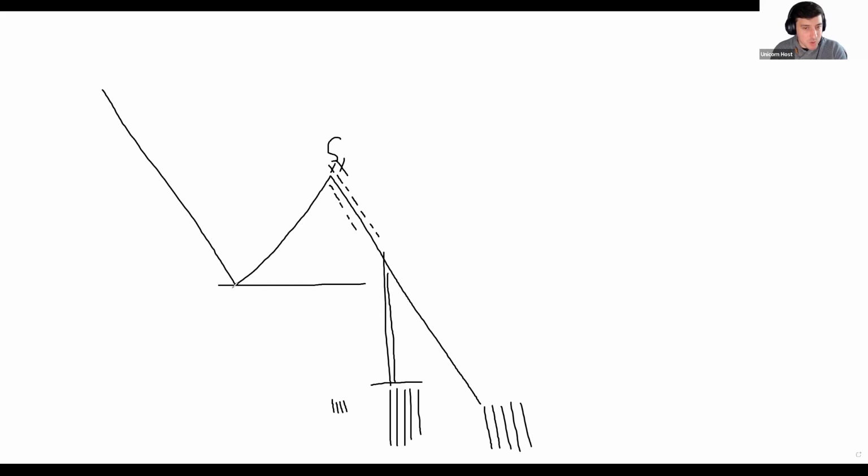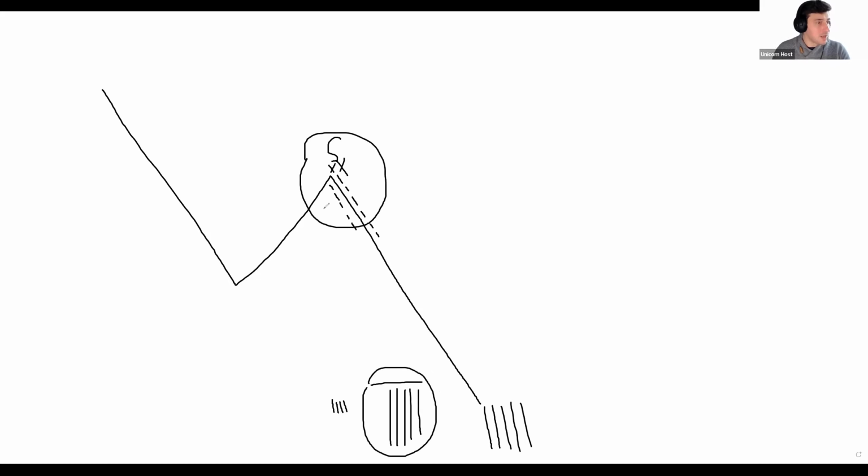That generally happens when it's trying to break some sort of an SNR. Now, when that happens, you simply say that that high volume belongs to the seller. It's still a seller's high pressure or selling pressure at the top.